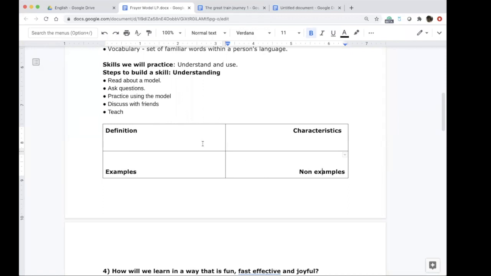So it's a very simple box with these sections divided. Whenever we are trying to learn a new word, we will try to fill up this box for the new word. Can anyone tell me what is one new word that we have learned in previous classes? What is one of the words that we have newly learned in some of the previous classes? Bearded.